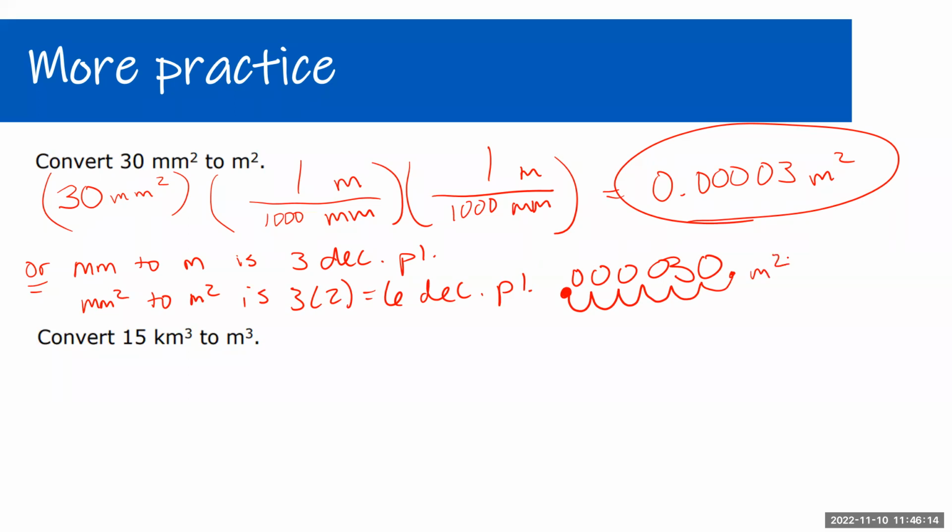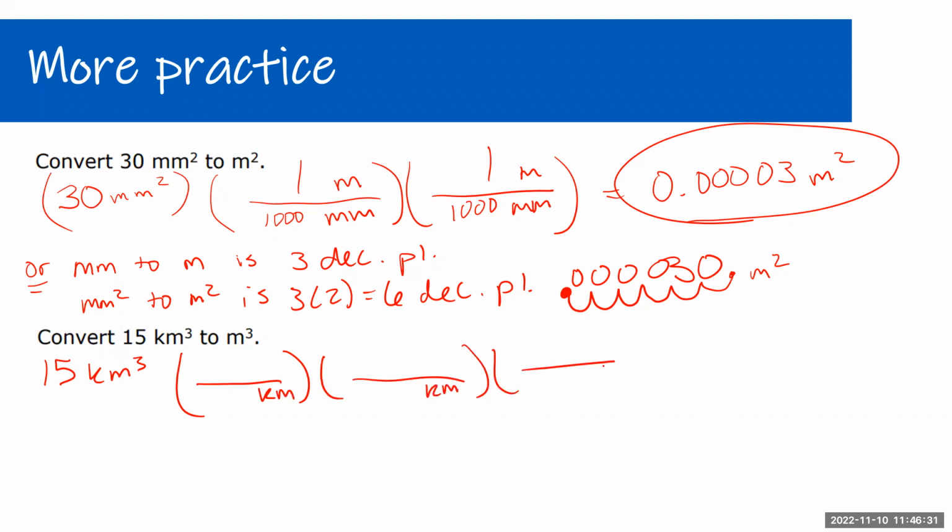Okay, so the same idea can apply. 15 kilometers cubed to meters cubed. Now we're going to cube. So we know that we have 15 kilometers cubed. We know that we have 3 kilometers over here, so we need 3 kilometers in the denominator here. And we want it to be meters, so we want 3 meters on top.